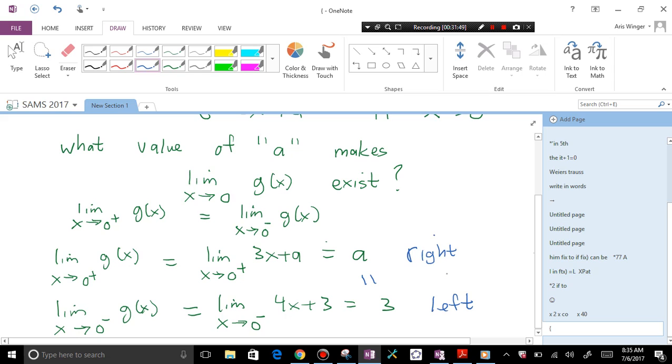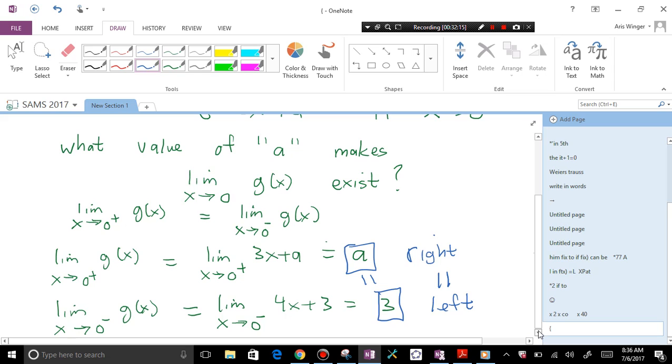If the limit is to exist, I need those two limits to be equal. Is that okay? So the limit from the right was A, and the limit from the left was 3. And so if the limit is to exist, they need to be set equal to each other. Is that okay? And so A is 3. Thank you for your question. Other questions about this? Okay.